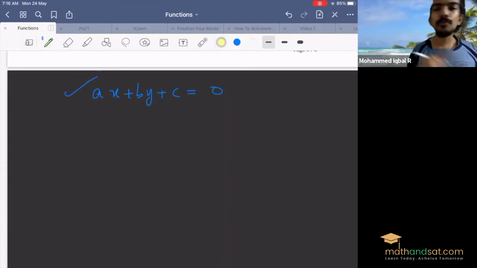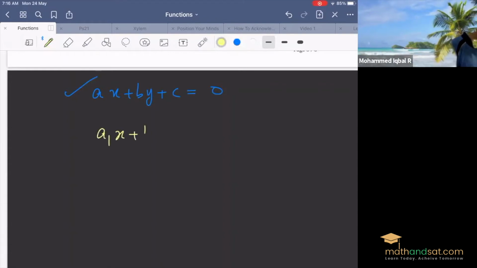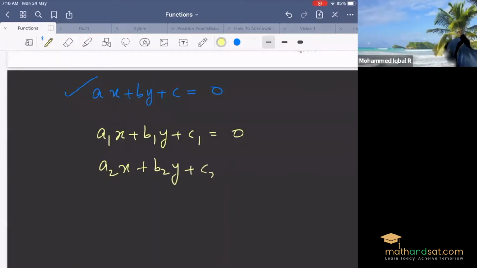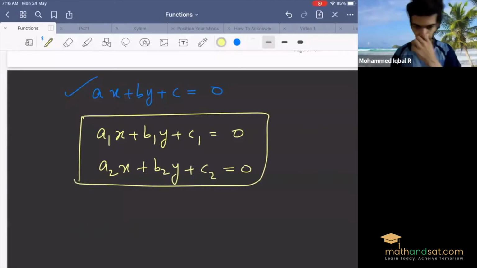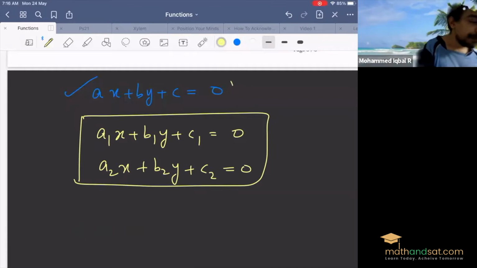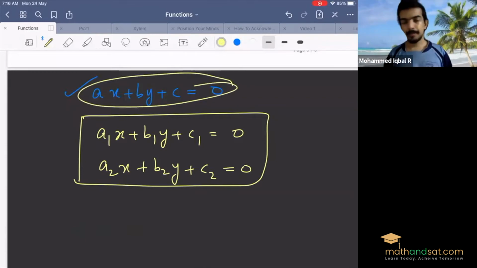If you have two linear equations, they will be of the form a1x plus b1y plus c1 is equal to 0, a2x plus b2y plus c2 is equal to 0. So this is what we call a pair of linear equations. Just like if you take a linear equation, there are infinitely many points on its graph.